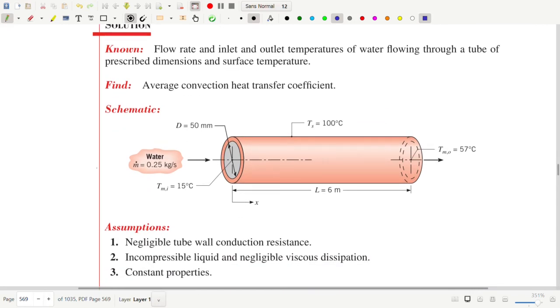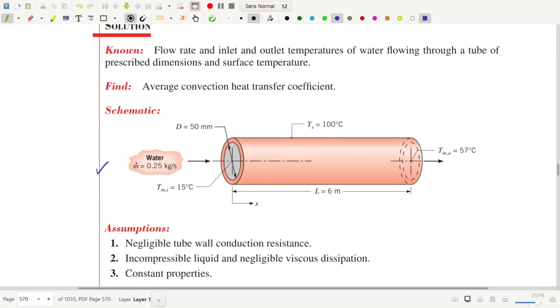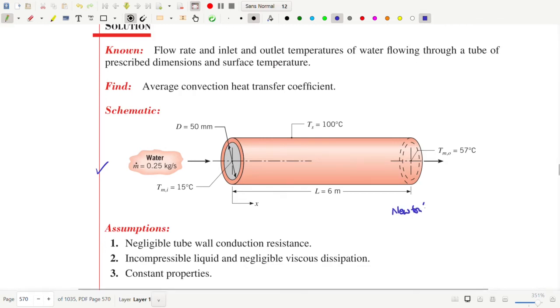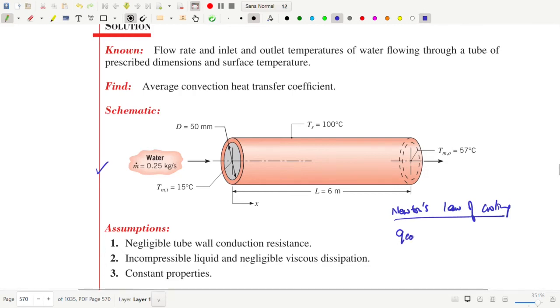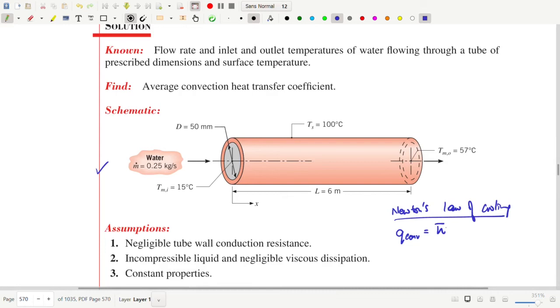So here's the schematic. To calculate the h bar, we have to simply write Newton's law of cooling. Newton's law of cooling states that Q convection is h bar, and remember, we are talking about the average, so it's for the whole pipe, times the total surface area.